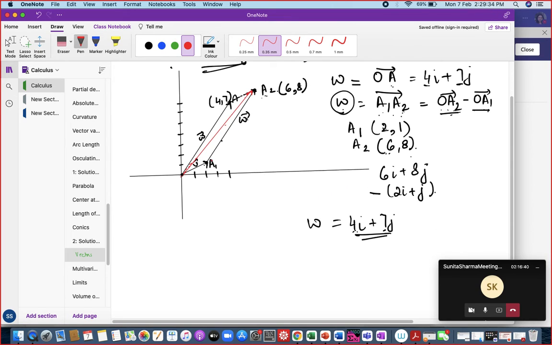And if you see here, the coordinates of A2 will represent the terminal point of the diagonal.